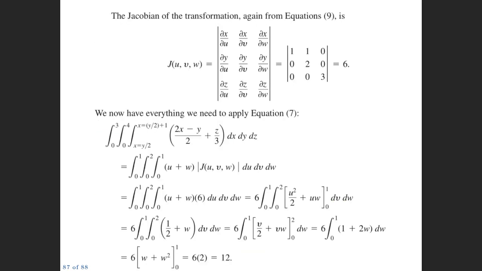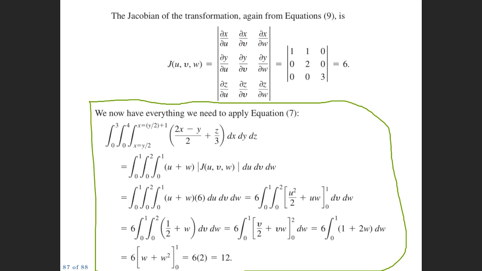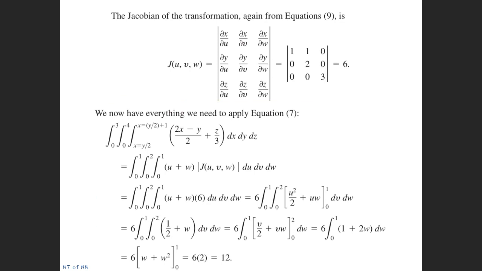We also need the Jacobian of the transformation. Again, if you understand determinants of 3 by 3 matrices, you can understand that this is equal to 6. And then we have everything that we need. To finish this answer, we do our integral. So let me just repeat.